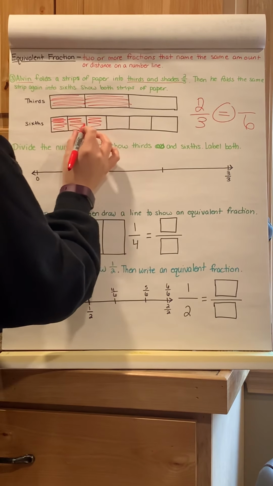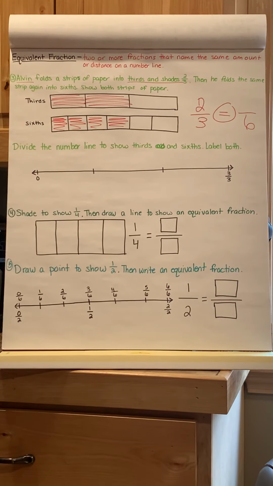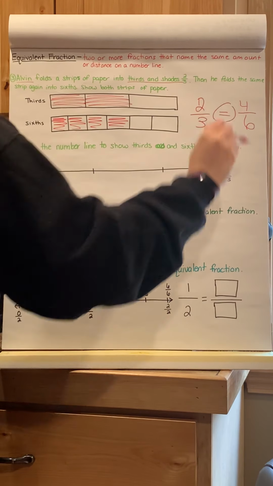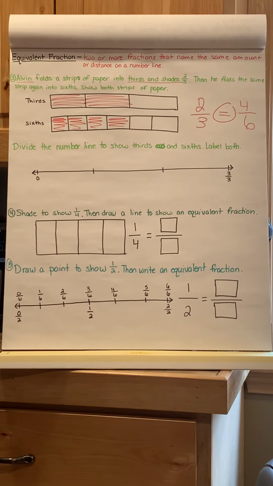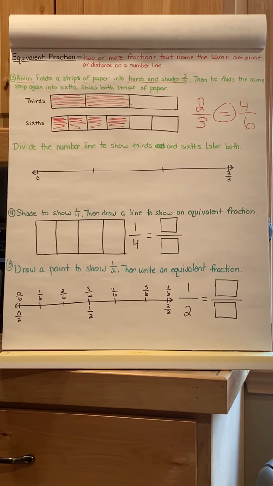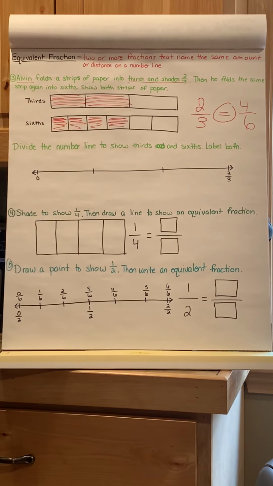So I have 1, 2, 3, 4. So I have 4 equal parts of my sixths shaded. So I can see that 2/3 is equivalent or equal to 4/6. My 4 equal parts shaded line up perfectly with my 2 equal parts shaded.